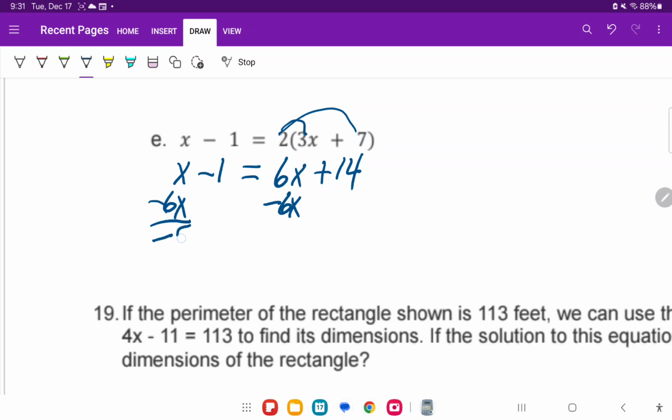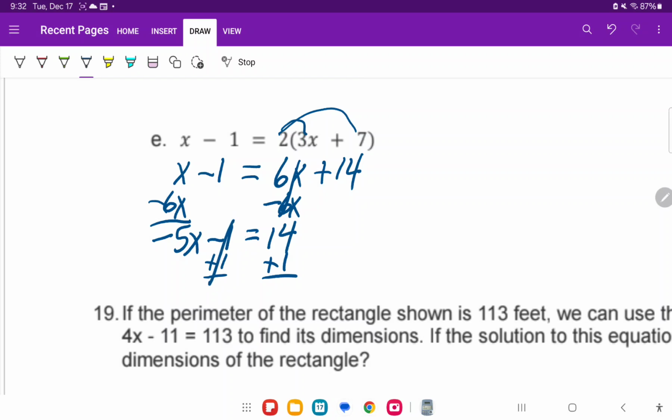So that's going to give us negative 5x. Bring down the negative 1. Bring down the 14. So now I'm going to add 1.